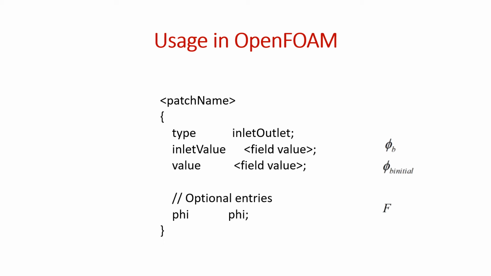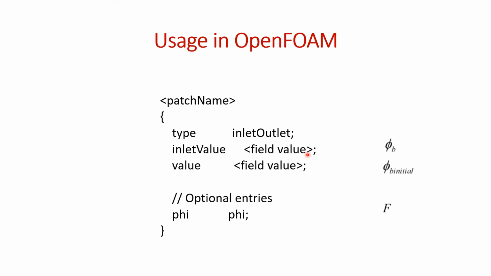So how can we implement this in OpenFOAM? This is the syntax. We write the patch name, and in curly brackets we write type inletOutlet. inletValue is the field value; we specify whatever value we want, which is specified by the user.